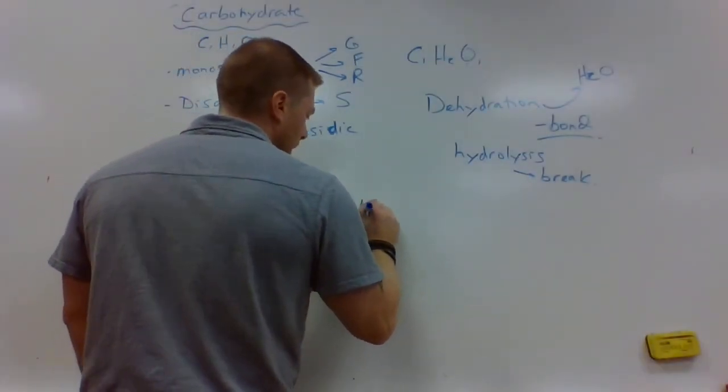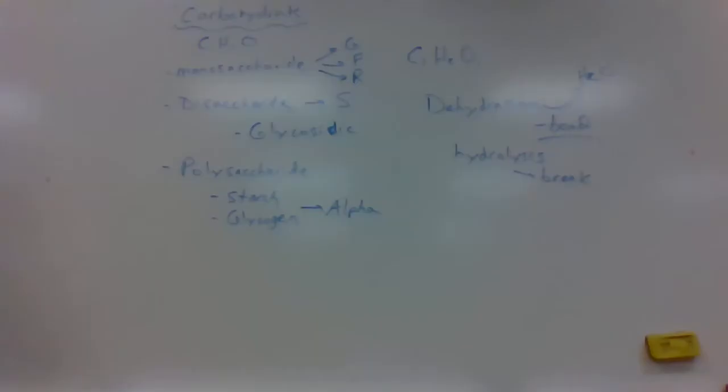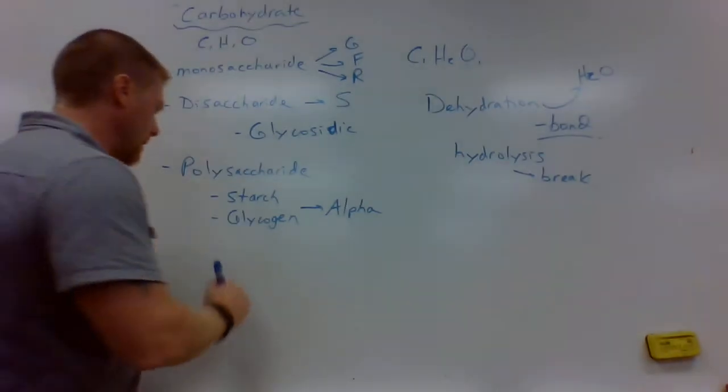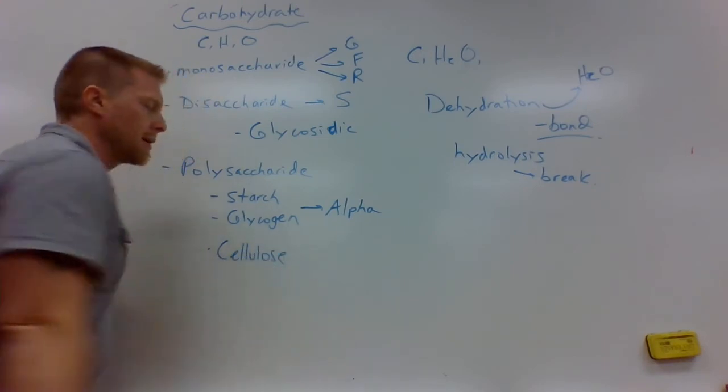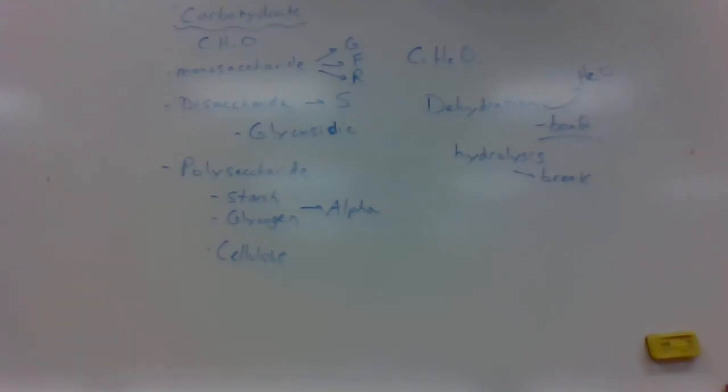Good. And we are able to break down alpha glycosidic bonds. So we're able to break down starch. We're able to break down glycogen. And they're able to give us long, sustained energy. The other polysaccharide that we saw is cellulose. Right? Cellulose is what we commonly refer to as fiber in our diet.